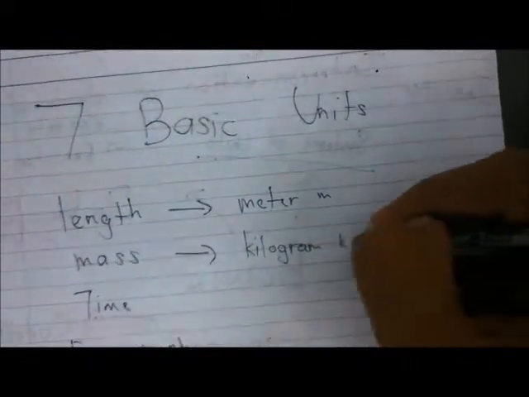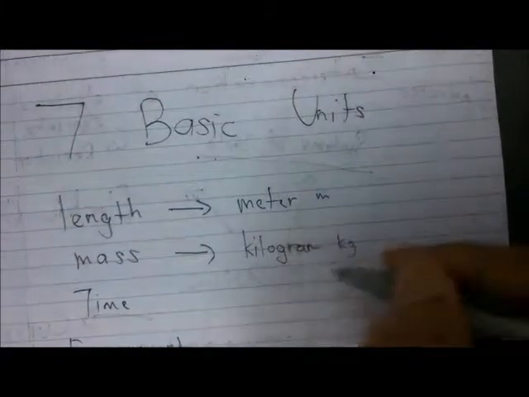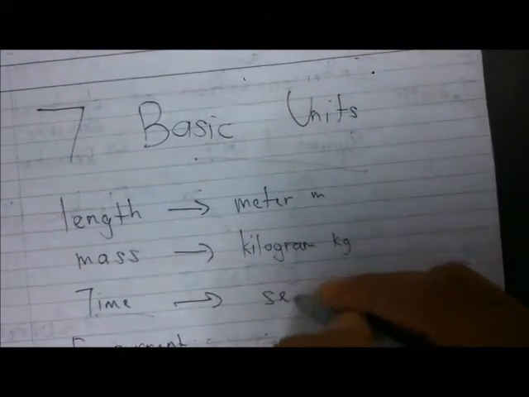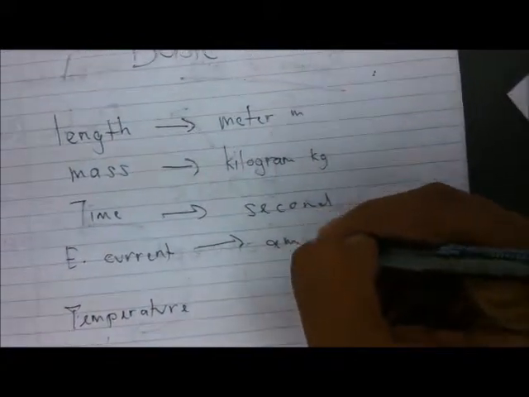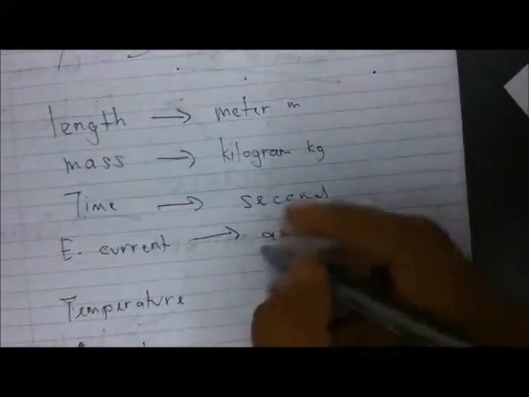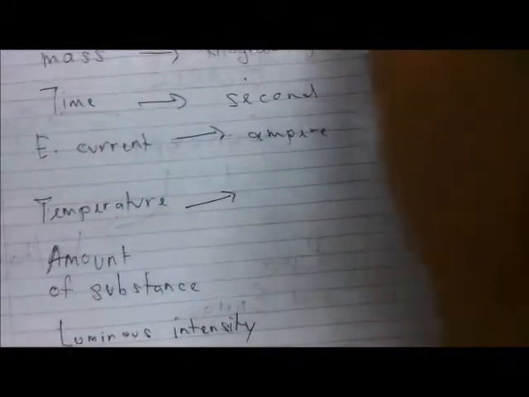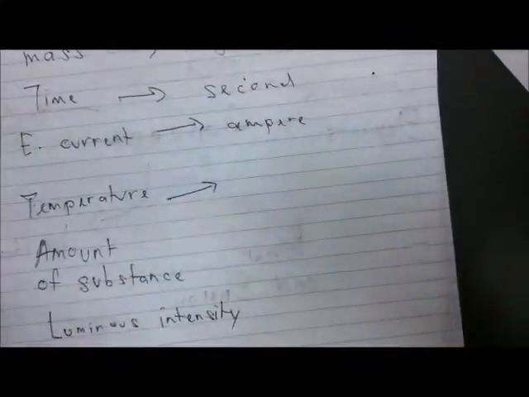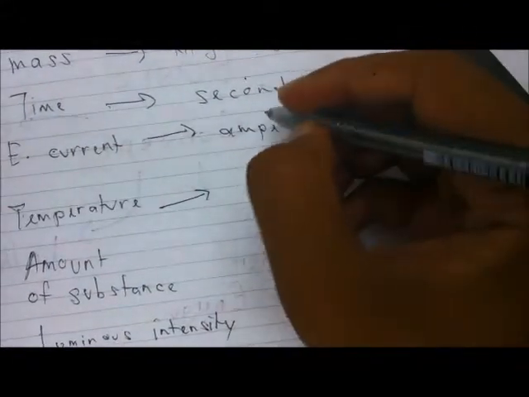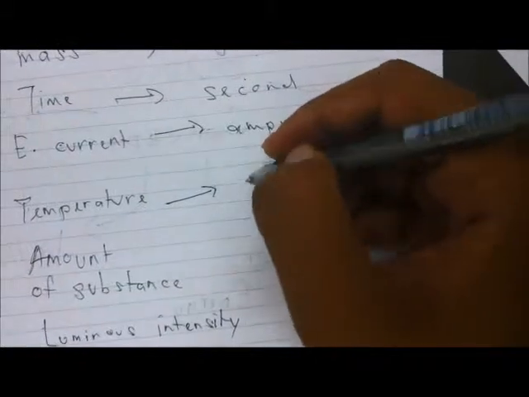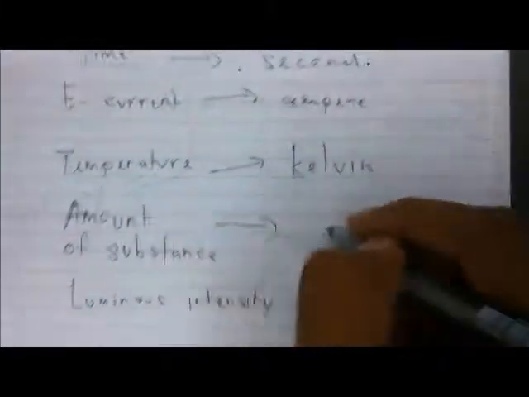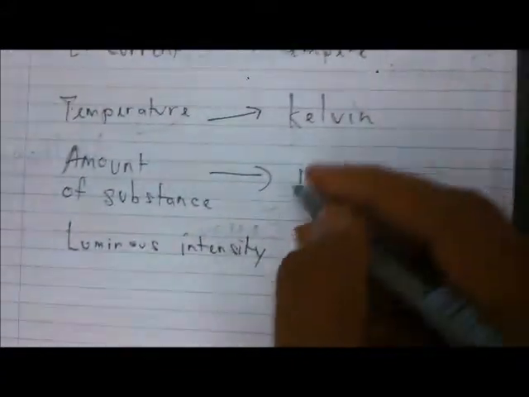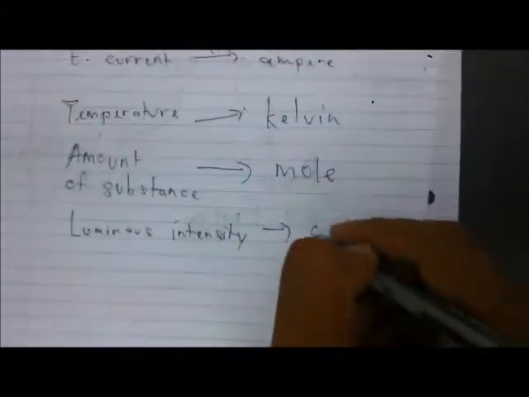For time, second. For electric current, ampere. For temperature, Kelvin. For amount of substance, mole, and for luminous intensity, candela.